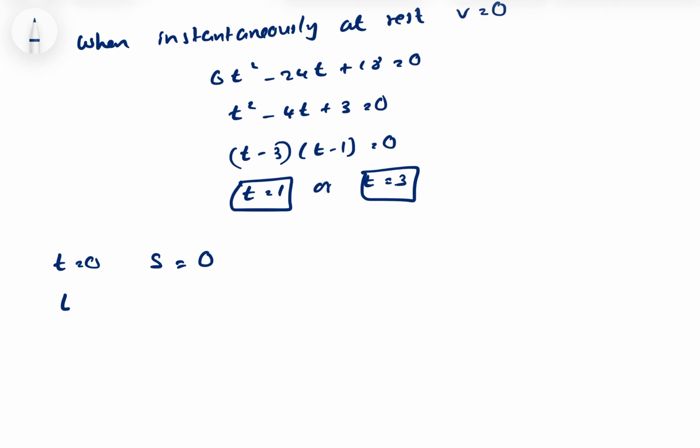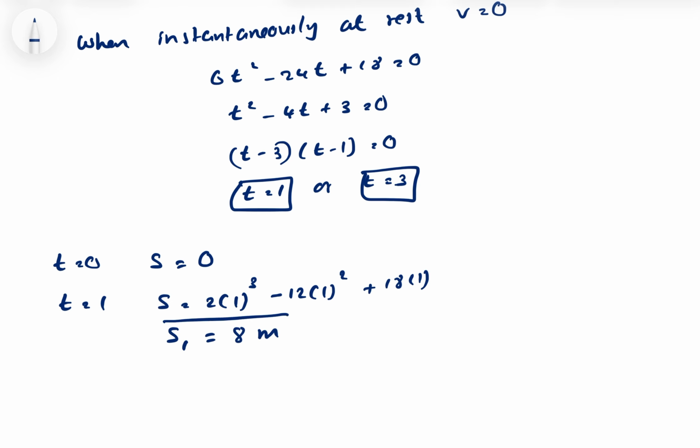Let's substitute t equals 1. So s1 will be 2 times 1 cubed minus 12 times 1 squared plus 18 times 1. That's 2, 18 minus 12 is 6, plus 2 is 8 meters.